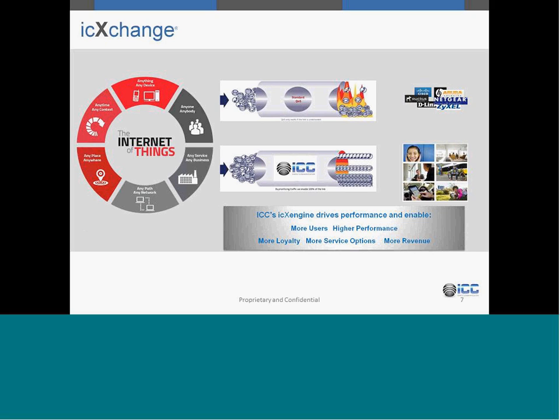ICX is the name and the product family name of the total solution. And as a result, at its core, the ICX engine drives performance to enable more users, higher performance, more loyalty, more service options, and obviously more revenue and cost savings for the customer.